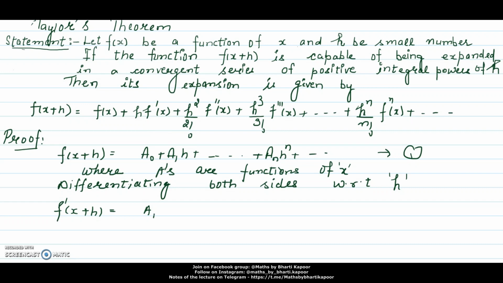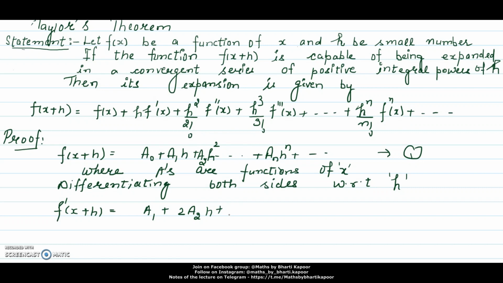So we will be having a1 as first term, plus next term must be a2 h², so differentiation of that will be 2a2 h.